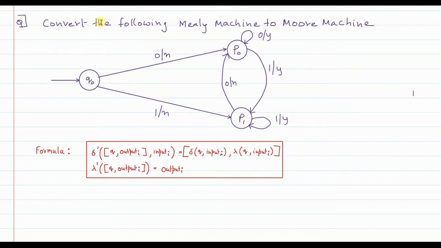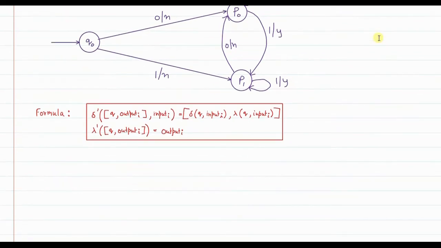Now this problem is given, and we are supposed to convert the following Mealy machine to the Moore machine. The very first thing you are going to do is list what the states are.